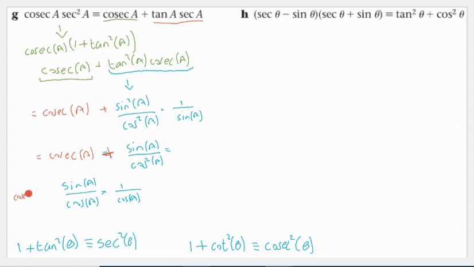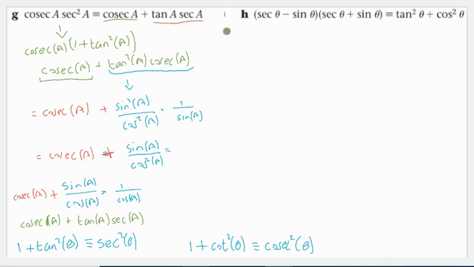So I've got cosec A. Okay, so the sine A over cos A is the same thing as tan A, and the 1 over cos A is the same thing as sec A. So that's the same thing as cosec A plus sine A over cos A is tan A, and then the 1 over cos A is sec A.